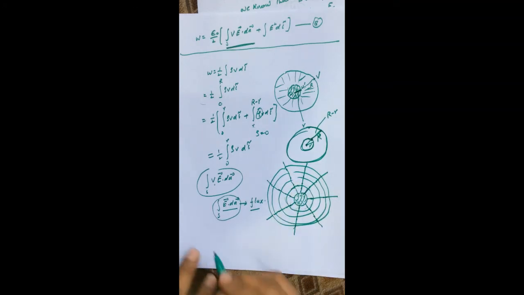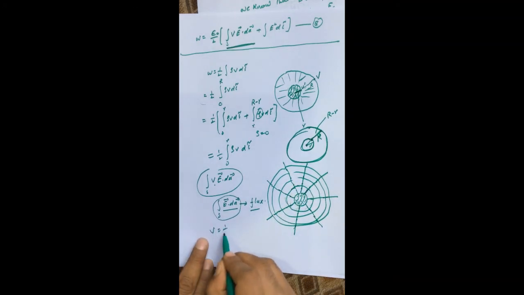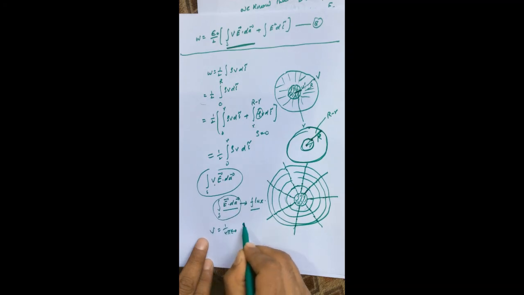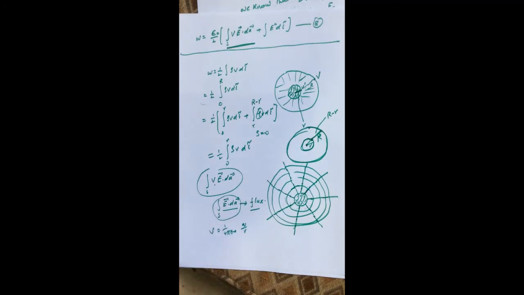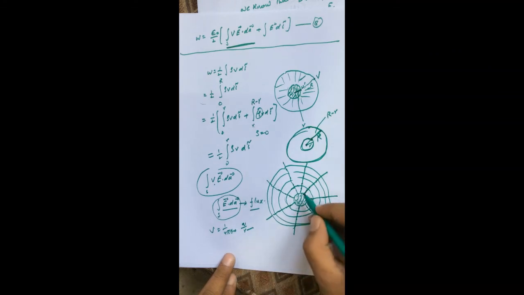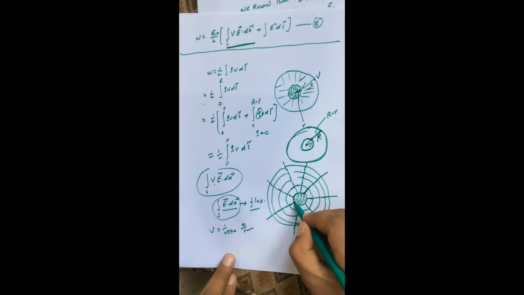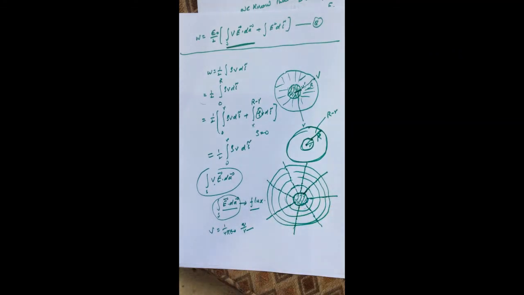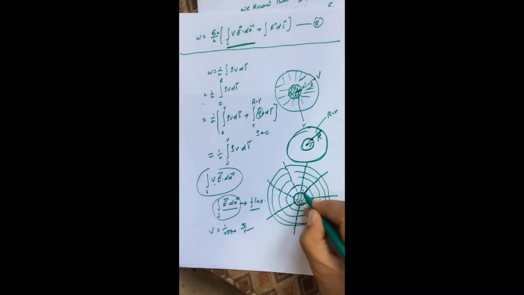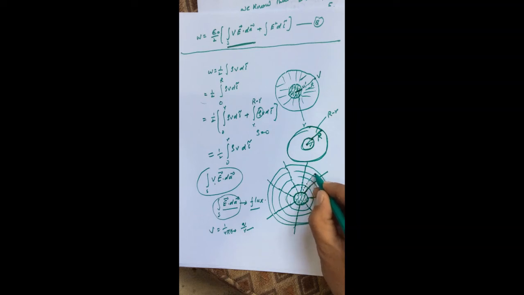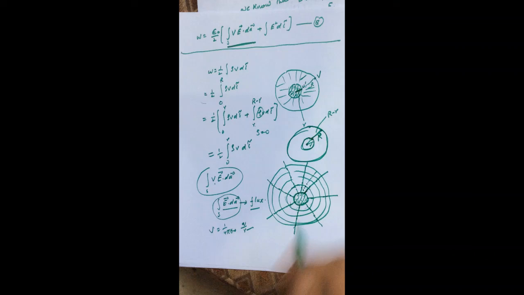But the potential V, which is 1 over 4 pi epsilon naught Q over R, decreases as we move away from the charge distribution. The potential is maximum here, it keeps decreasing as I move to this point, decreases again as I come to this volume, and finally becomes 0 somewhere far from the charge.